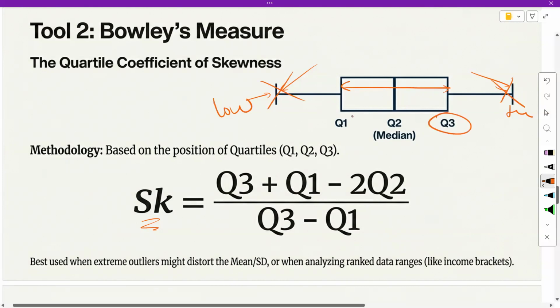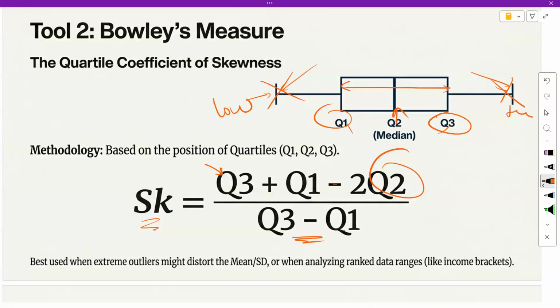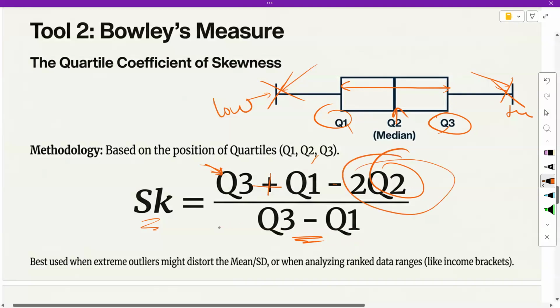They take Q3 and Q1, subtract 2 times Q2, the median, and divide by the interquartile deviation, which is Q3 minus Q1.